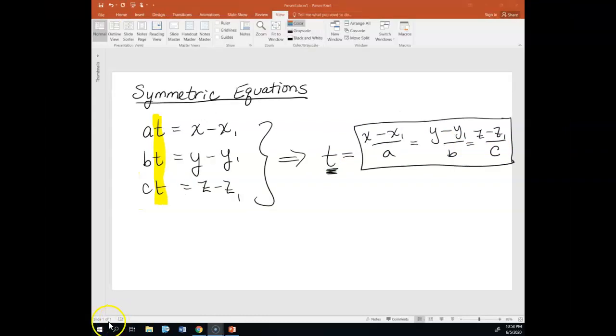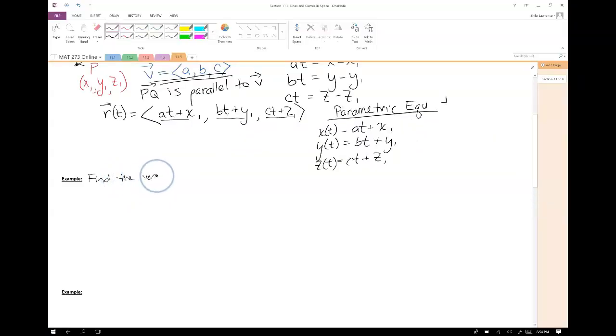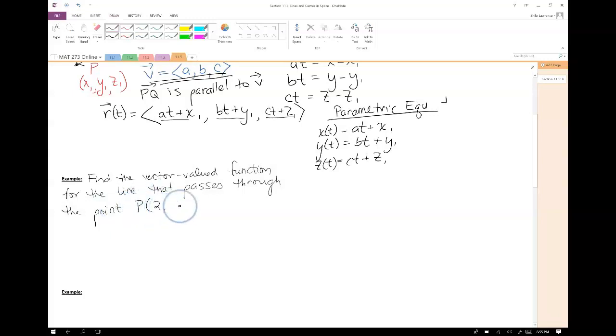Now let's take a look at a few examples. The vector valued function for the line that passes through the point, and we're going to call this our P, (2, -1, 4), in the direction of V, which has components (3, -2, -1).